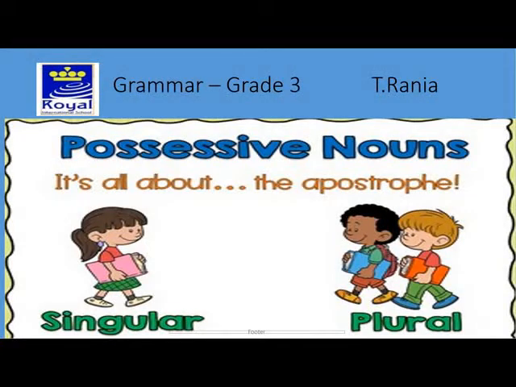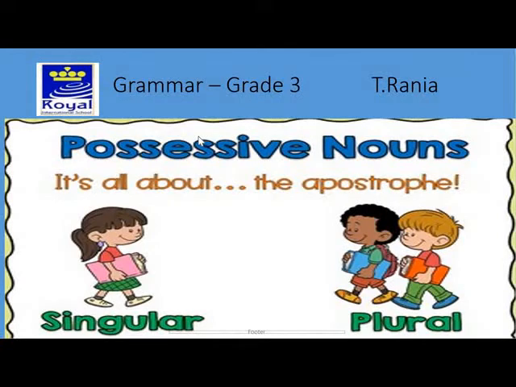Here, possessive means belongs to someone. Something is for someone. A thing for someone. It means if I see, for example, a toy, I will say, whose toy is this? They will tell me this is for who?